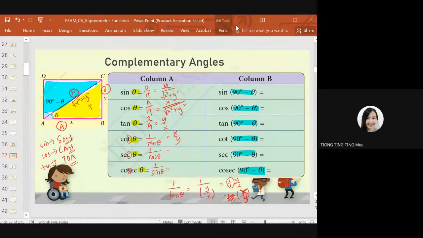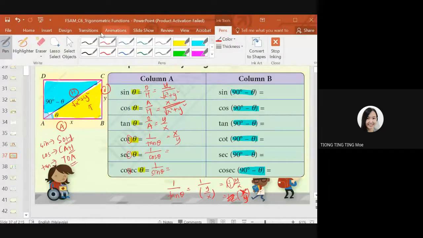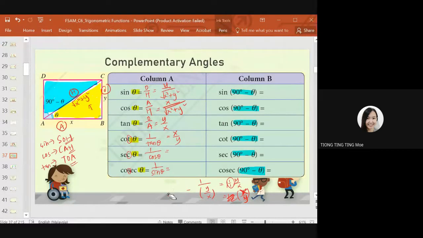But you don't need to repeat so many steps. This step actually is not needed. What you need to remember is, if it is 1 over tangent, it is the reciprocal of the tangent. Y over x becomes x over y. If tangent is a over b, then cotangent is b over a.